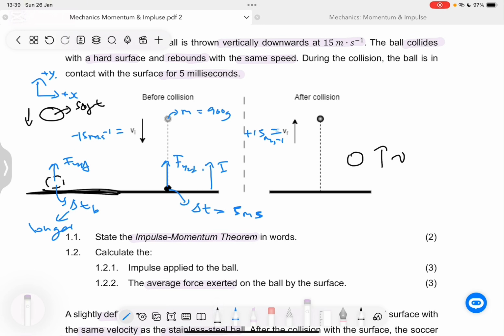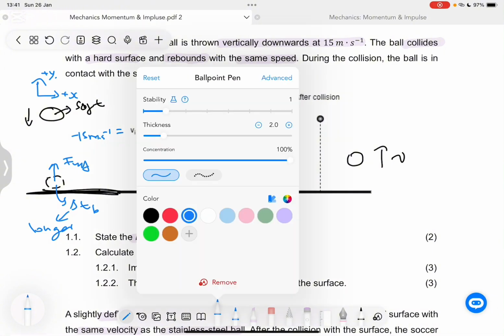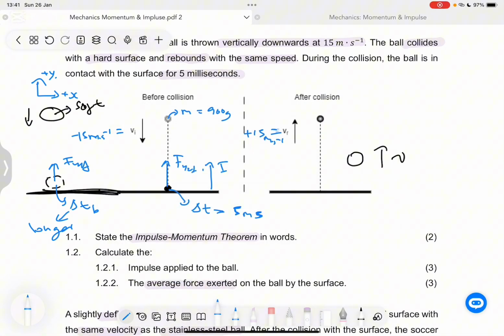Now you have to note something. This ball will not reach this height here and it will not have this velocity because it's actually experiencing a smaller force compared to this situation here. We know that from Newton's second law that the net force is inversely proportional to the time.